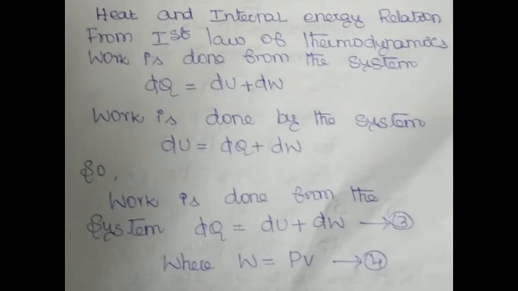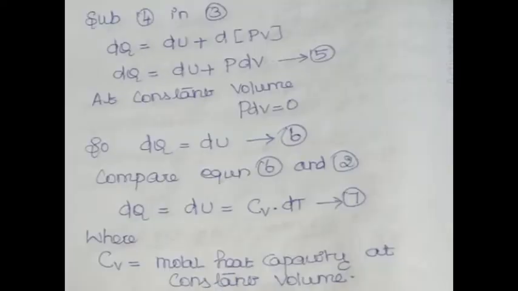What is dq? That is the change in heat. du is the change in internal energy. dw is nothing but work, where W is equal to pressure into volume. This is the fourth expression. Substitute 4 in 3: dq is equal to du plus d into pv.